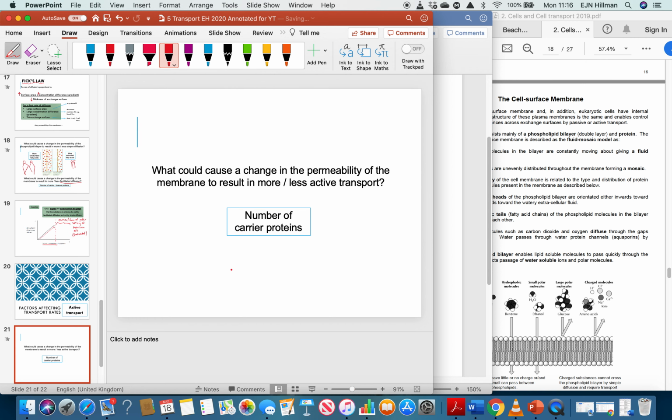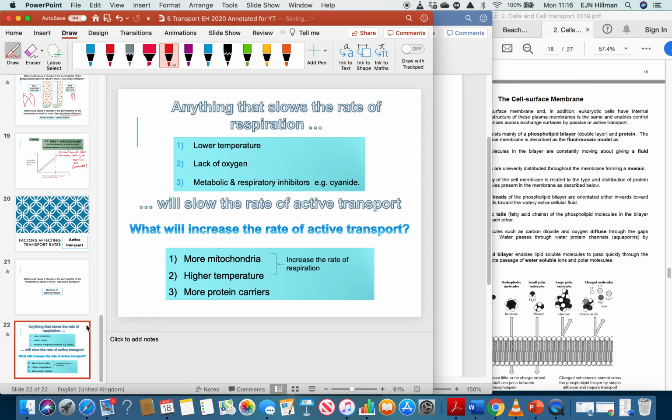Okay, active transport can be affected by this idea of the number of carrier proteins again, but also by factors which slow or speed up the rate of respiration. So low temperatures means there is less kinetic energy.